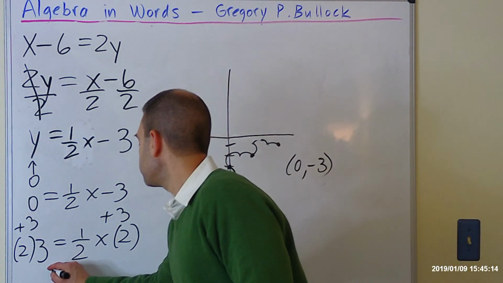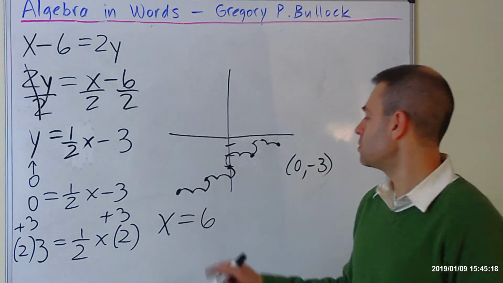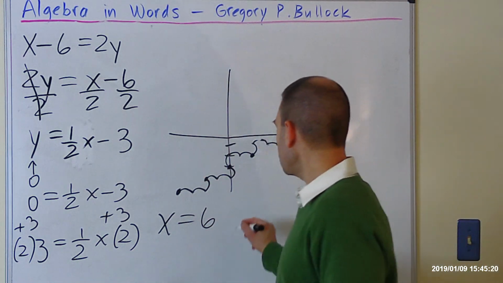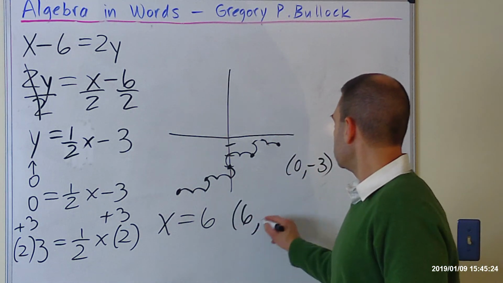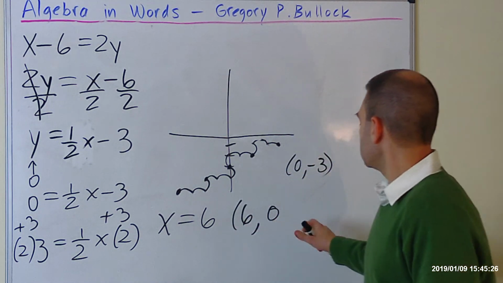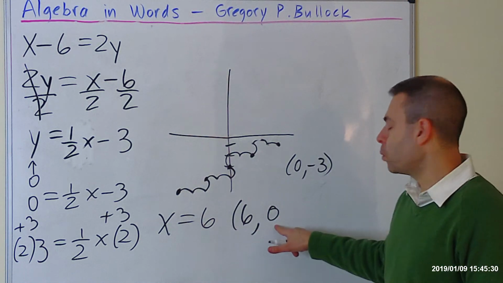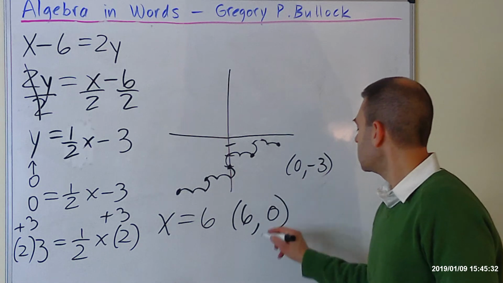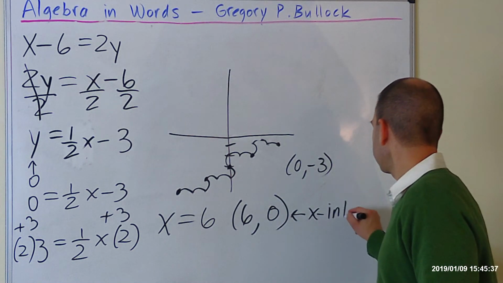So we get x equals 6. To summarize, we just found the x-intercept, where x is 6 when y is 0.